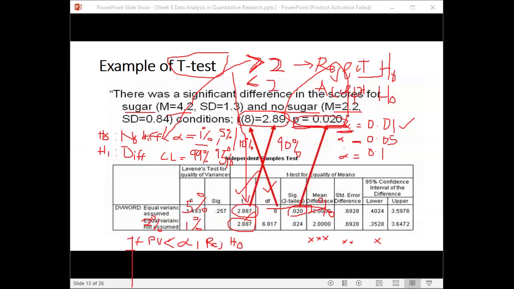Now, the rule is that if the p-value is less than 1%, 5%, or 10%, reject the null hypothesis. Right? Anything more than 10%, we don't consider. We tell ourselves that we cannot reject the null hypothesis. So you can first compare with 1%, right?